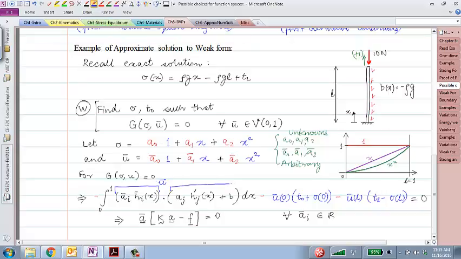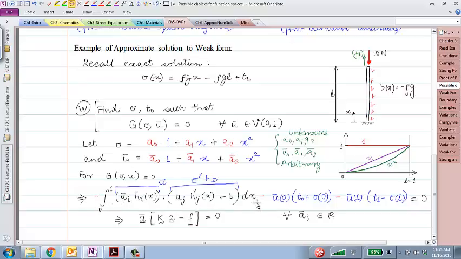This bracket out here is sigma prime plus b. Hopefully you can see that. This is aj, and h prime means derivative. These are the h functions, which are 1, x, and x squared, plus body force. So all I've done is just replaced u bar and sigma into that definition of G.